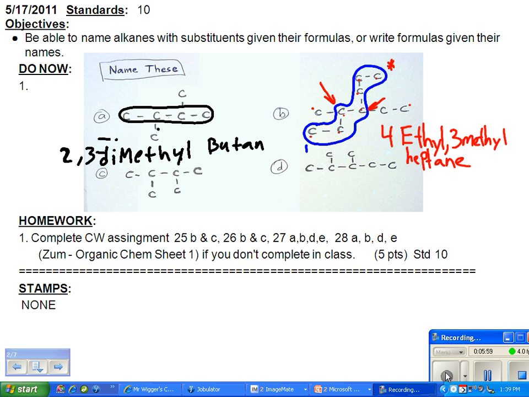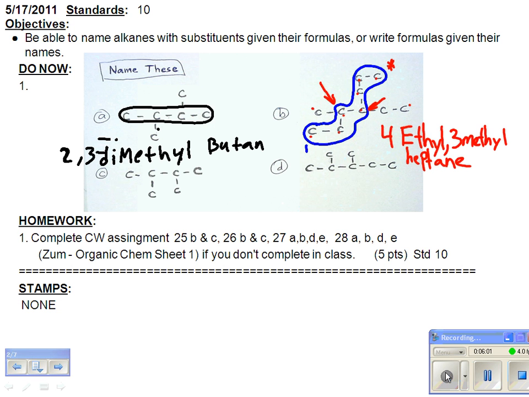Okay, we're going to do letter C now, and let's talk about what the longest chain is. So let's circle that. Okay, that makes the longest chain what? What name are we going to use for that? No. What you're doing is you're using the names of substituents.